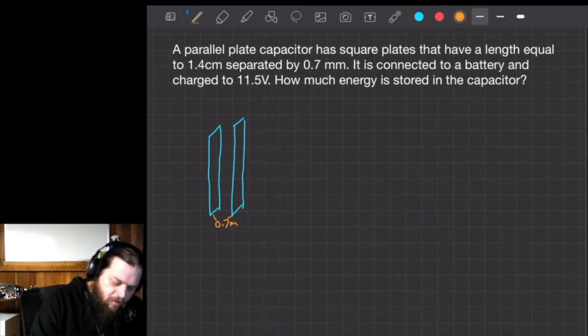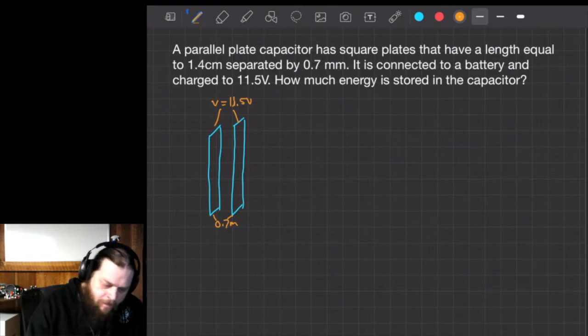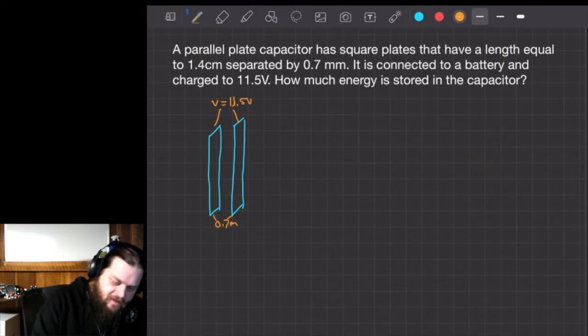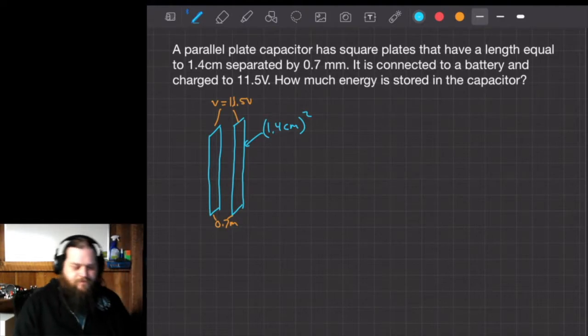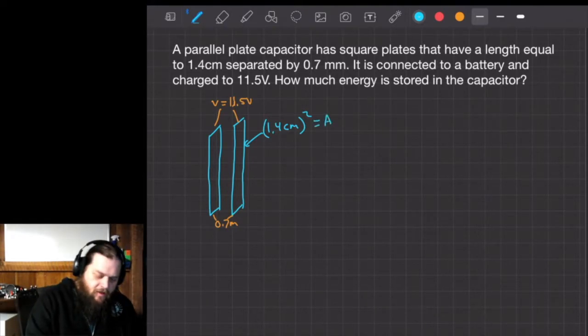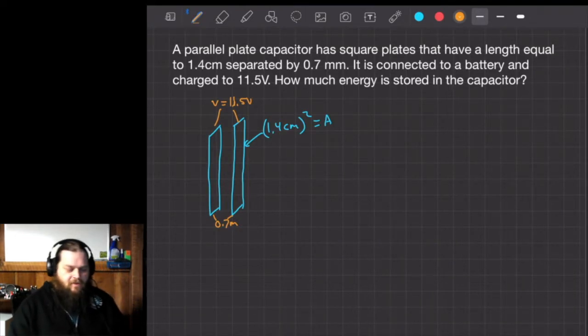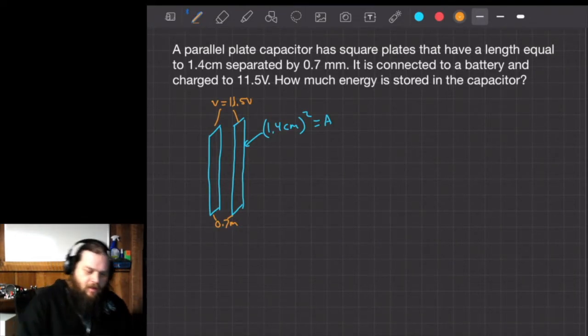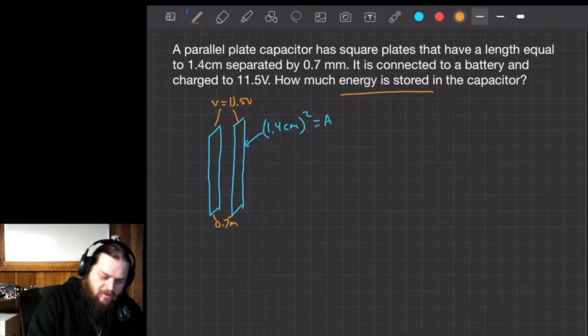I know there's a voltage potential, V is equal to 11.5 volts between those two. And each of these plates has an area of 1.4 centimeters squared. That's equal to the area. So I can use these values now to try to calculate the energy that's stored in there.